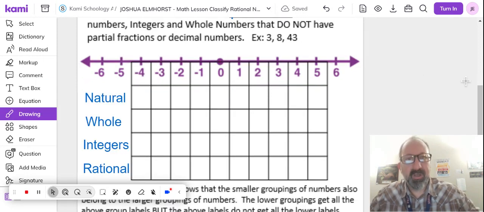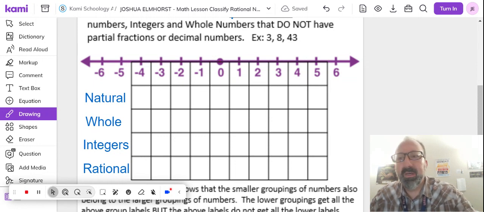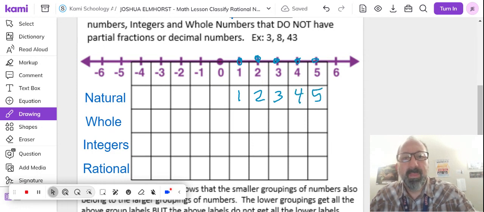Okay, sometimes a number line can help us identify and visualize what we are looking at. So the natural numbers are going to be positive numbers not including 0. So right here, going to the right, all of these, for example, 1, 2, 3, 4, 5, are going to be considered natural numbers.